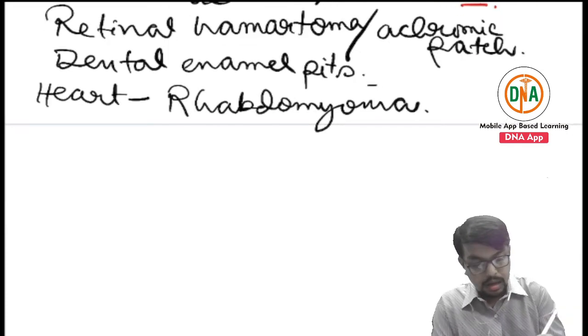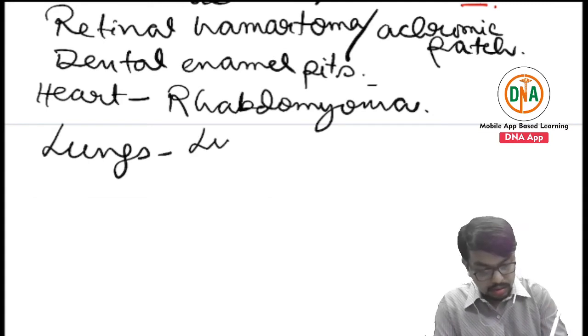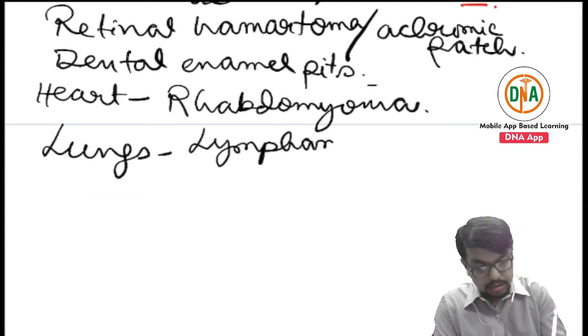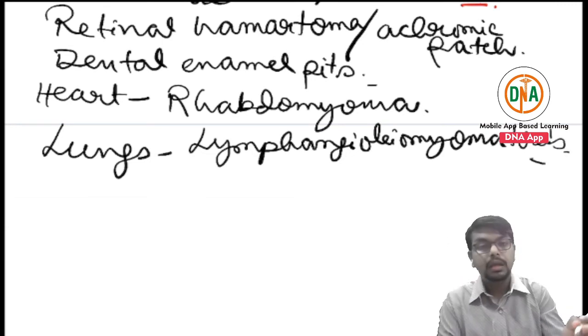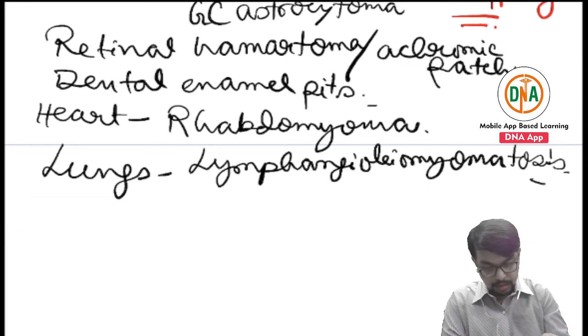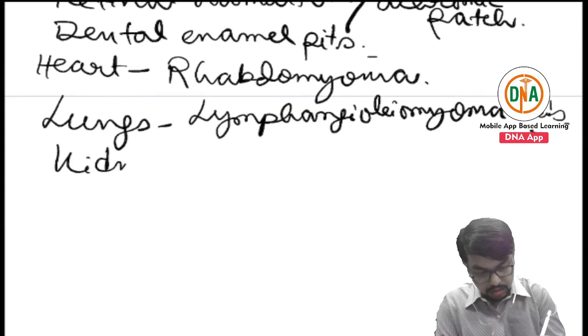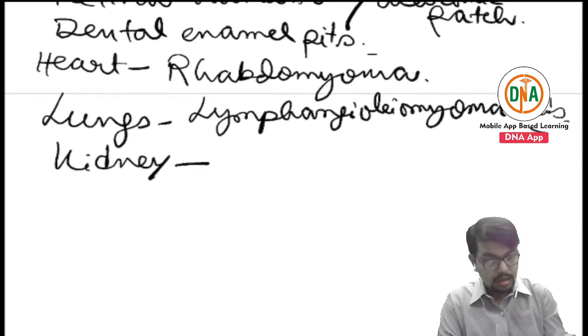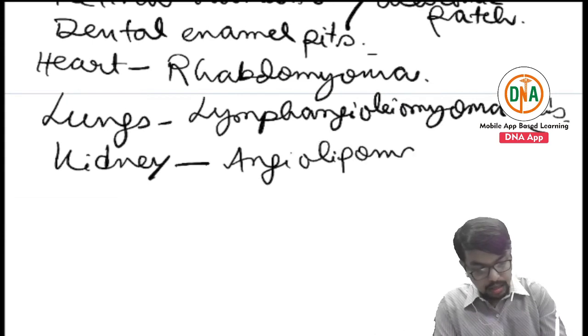Okay, lungs, there is lymphangioleiomyomatosis. Okay, next, kidney, there is angiomyolipoma and renal cysts.